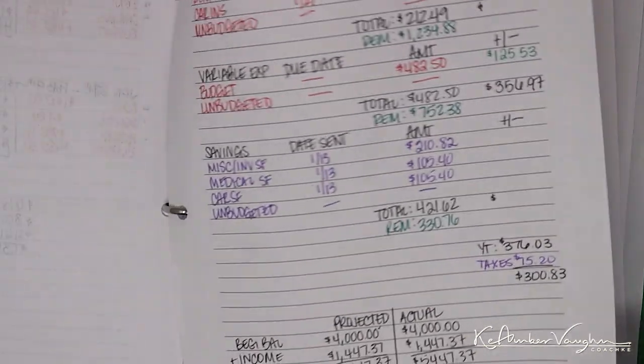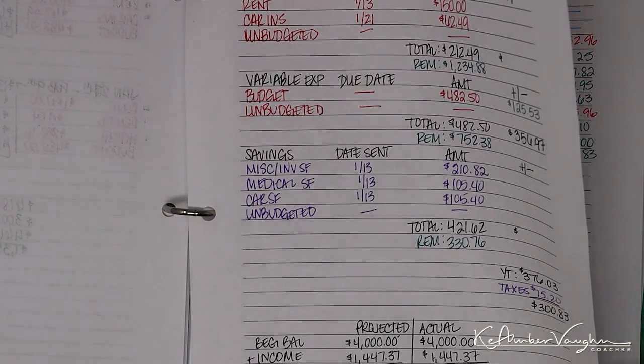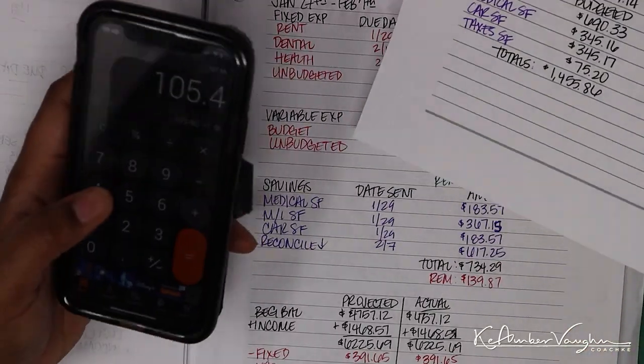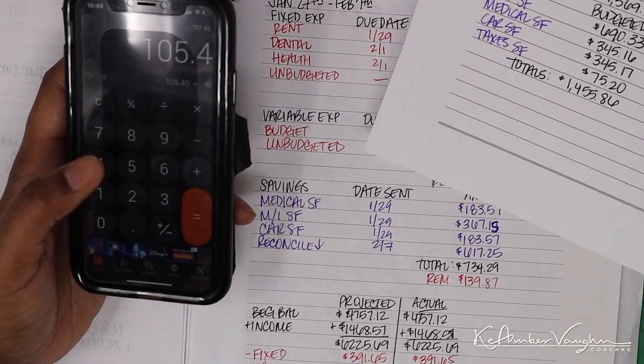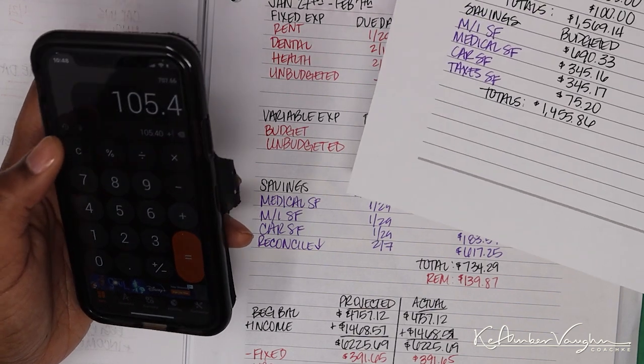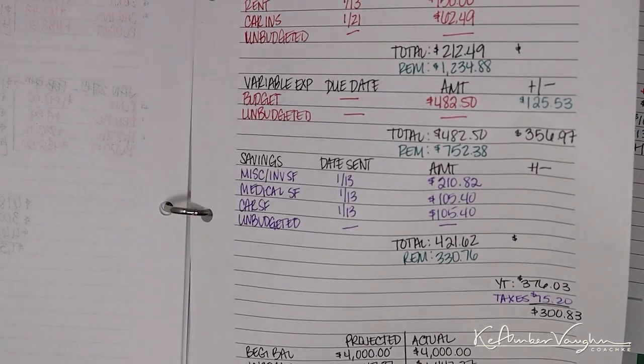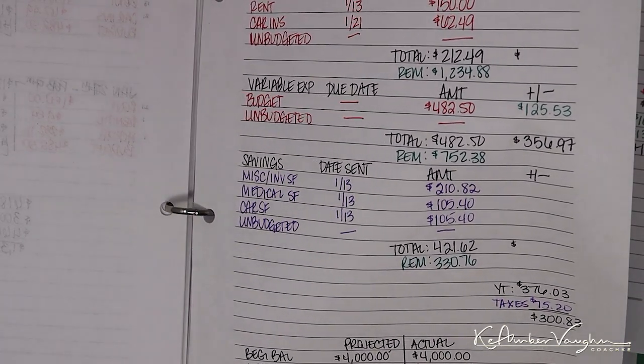For medical, we have $105.40. Oh wait, I actually sent more to Misc. Okay, wait a minute. I think I did that wrong. $210.82.